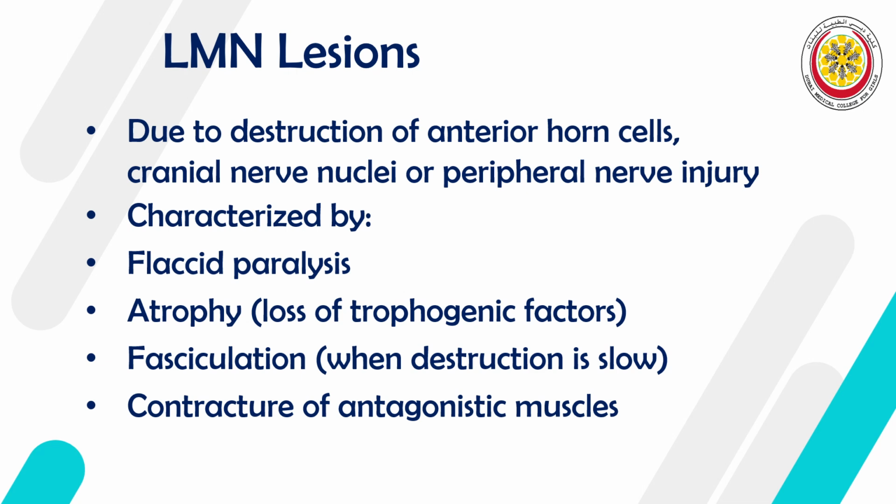Then, when there is a lower motor neuron lesion, the muscles supplied by the neurons are too flaccid. There is over-contraction of the opposing muscles. So we have contraction of antagonistic muscles. This is why people with paralysis will have postures. These postures are caused by contraction of the opposing muscles.